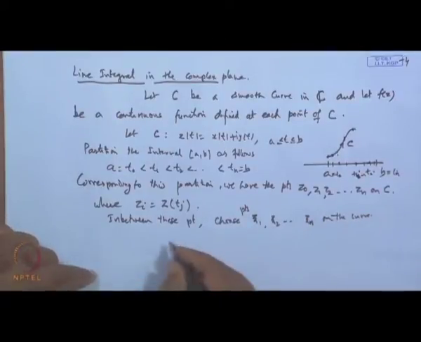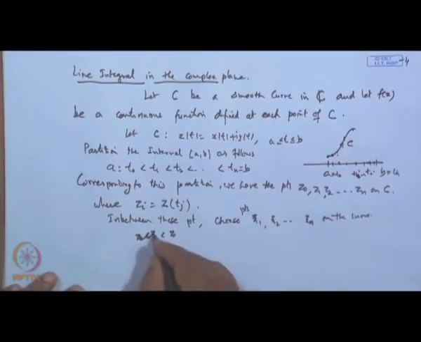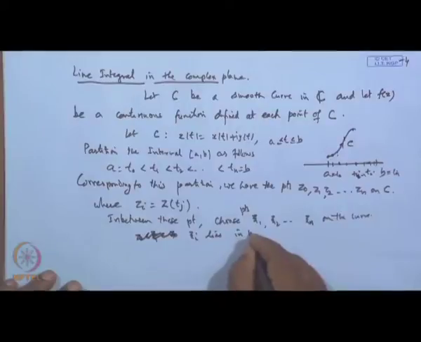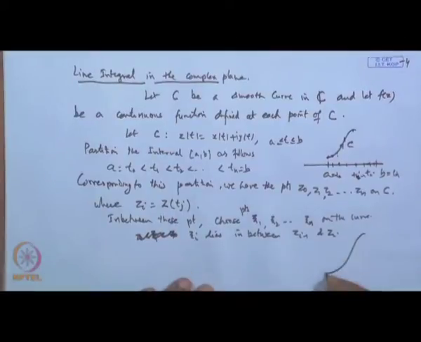That is, zeta1 lies between z0 and z1, and in general zeta i lies in between z(i-1) and zi.